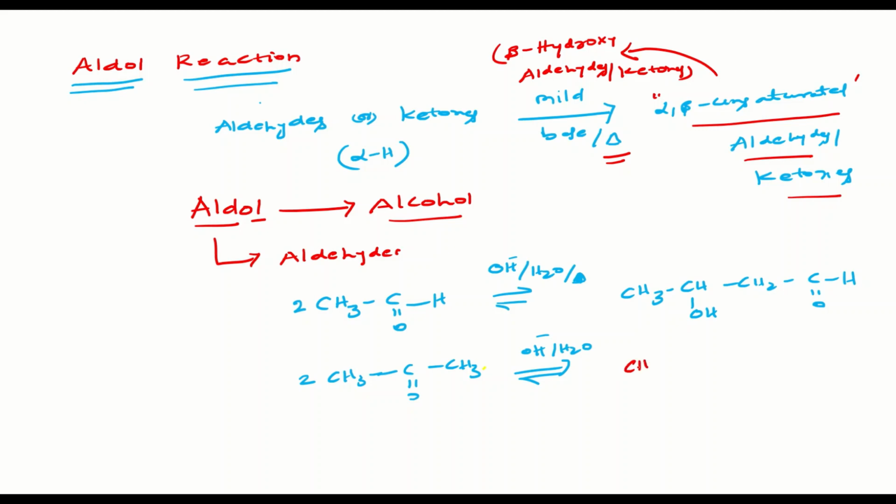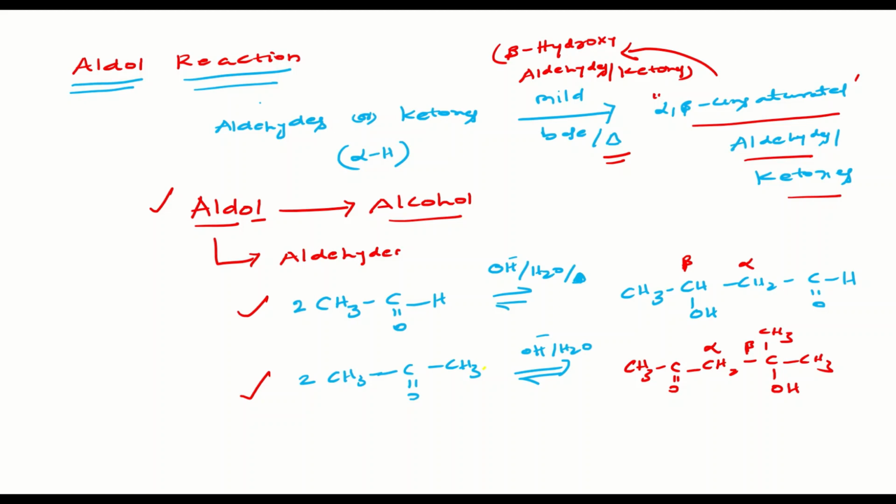This is the direct product I'm going to write for this: CH3COCH2C(OH)(CH3)CH3. Initially, what we are getting here is an alpha and a beta, a beta hydroxyaldehyde in the first one. Here again you can see this is the alpha position, this is the beta position, and you get beta hydroxy ketone. That is why this is called the aldol reaction, not the ketol reaction.